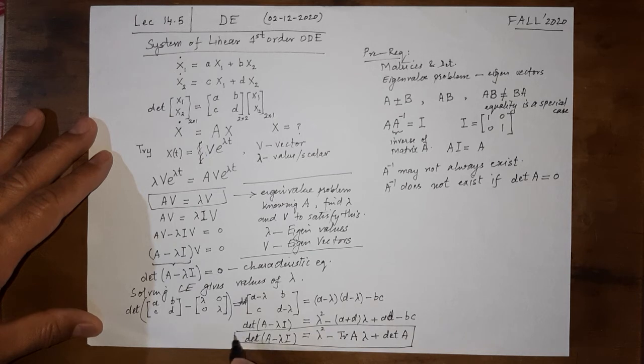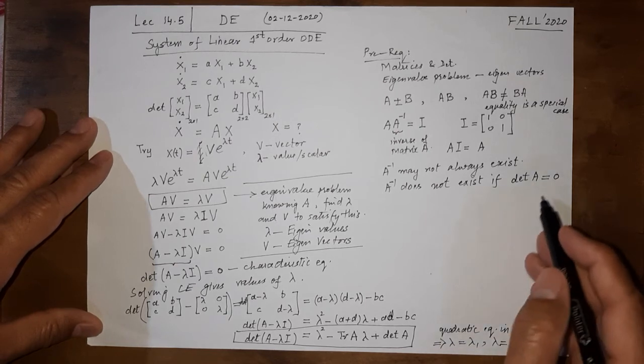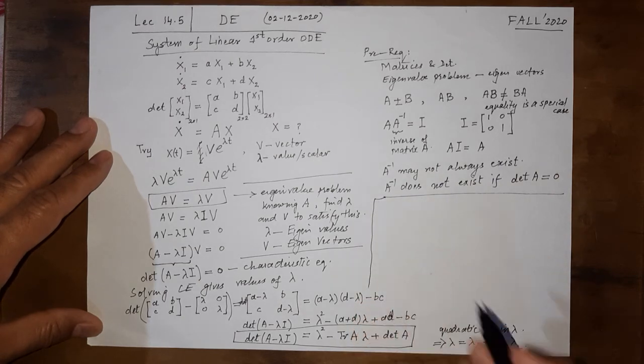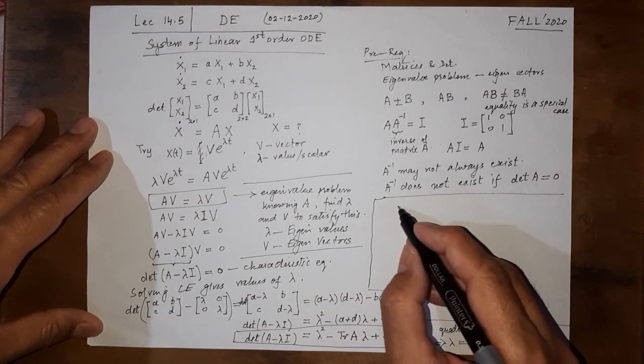This is a quadratic equation in lambda, which implies that lambda is going to have two values, lambda 1 and lambda 2. And once again, based on the nature of lambda 1 and lambda 2, we are going to have three cases.